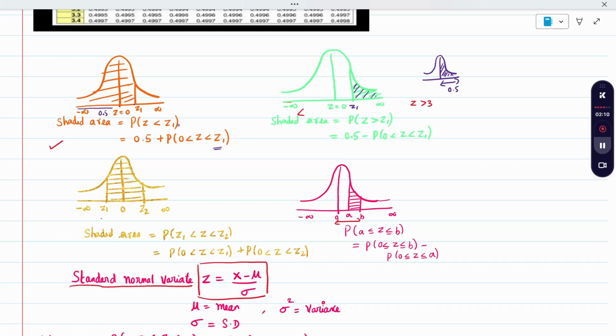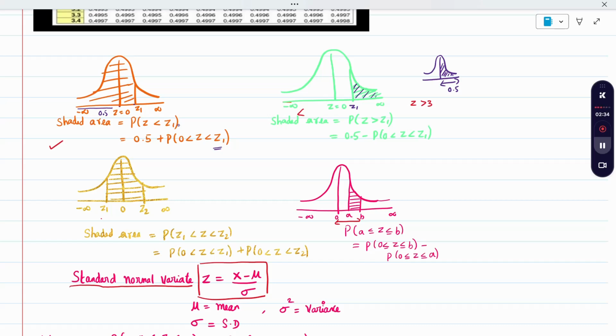So 0.5 minus the region 0 to Z1 gives the answer for Z greater than Z1. So 0.5 minus probability of 0 less than Z less than Z1. It may be less than or less than or equal to, I can write either. This is our second case.